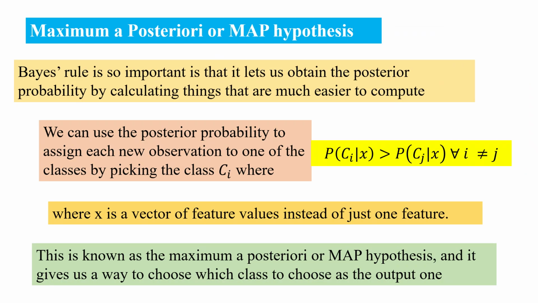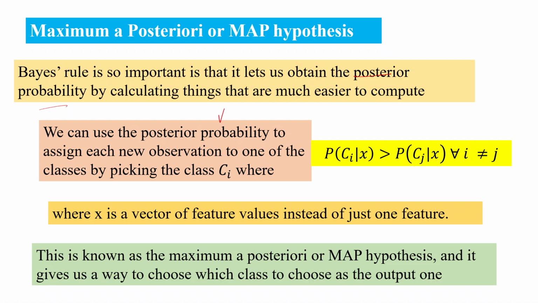Now, maximum a posteriori or MAP hypothesis. The Bayes rule is making us get the posterior probability by calculating the things which we can read from the data, or which we can compute from the data. So we are obtaining the posterior probability by the computations from data.